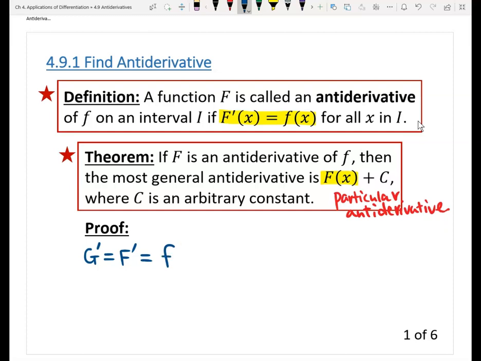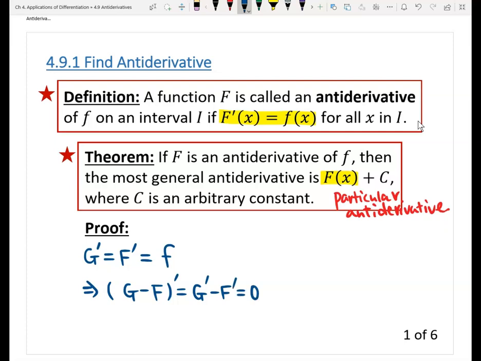And then we can look at the difference between G and capital F, which is just a constant number. Why? Because, can you see now what do we get? We will get the difference between capital G and capital F. Of course, it is G take a derivative minus capital F take a derivative, which is f minus f.